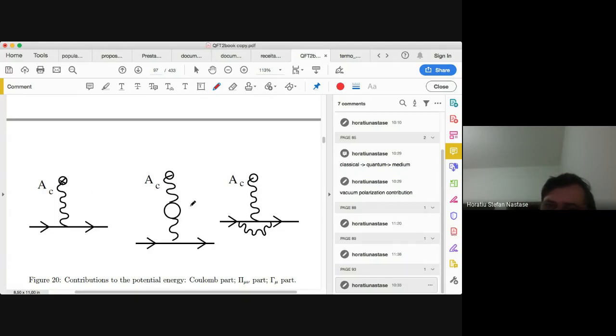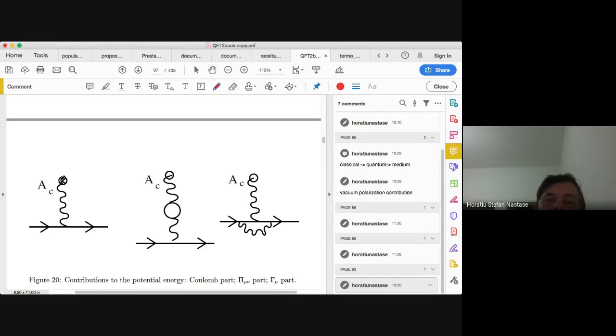But moreover, when we corrected the vertex, we assumed that this thing is a particle. It's an incoming quantum particle, an incoming photon. But this is now a classical source.